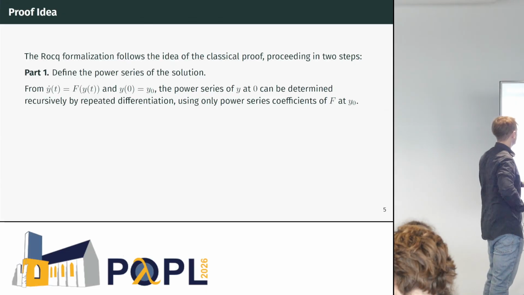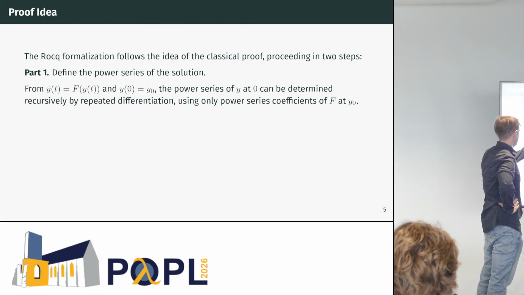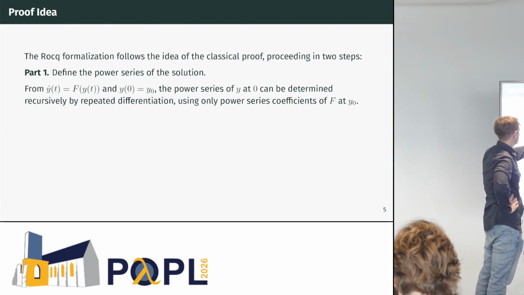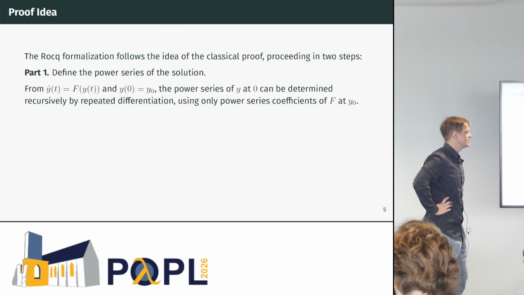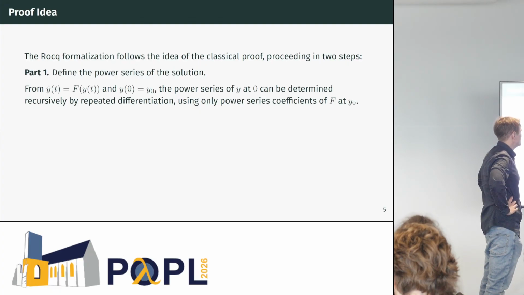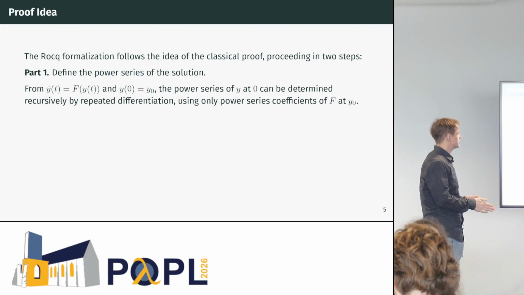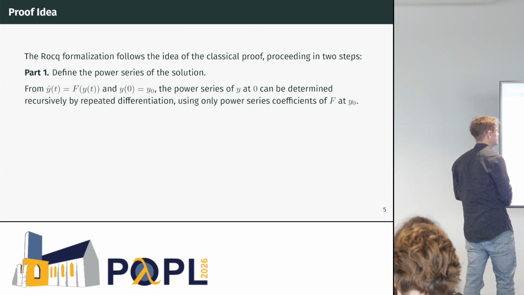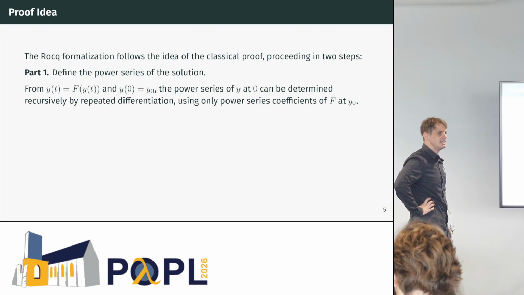If we know the value at 0, then we see the first derivative is f of y0, and so on. We can use the chain rule to get an expression for higher order derivatives of y, and from this we get a recursion for the coefficients of the power series of y at time t0.